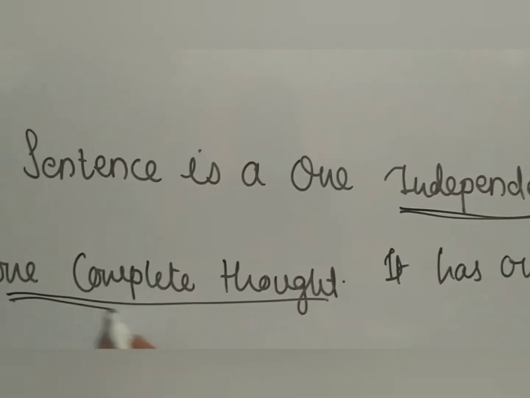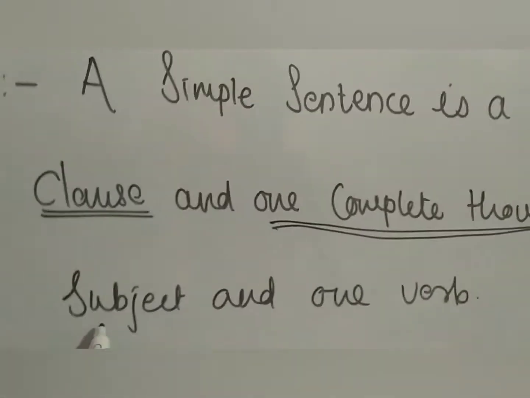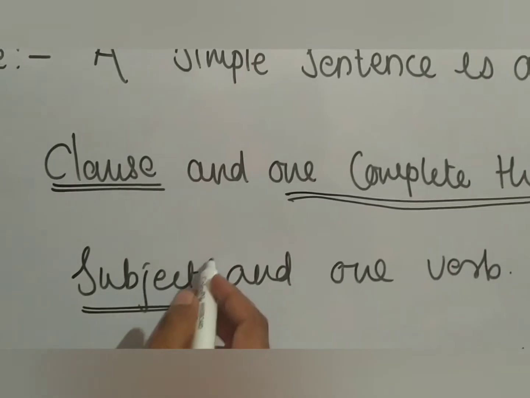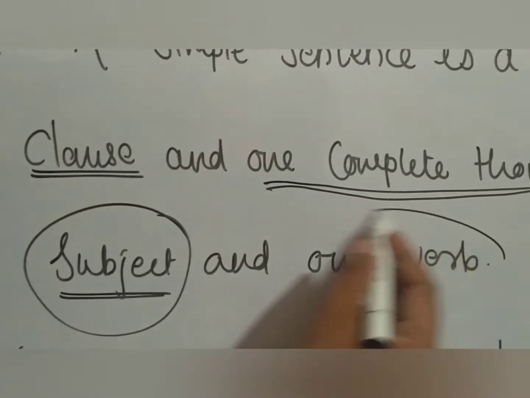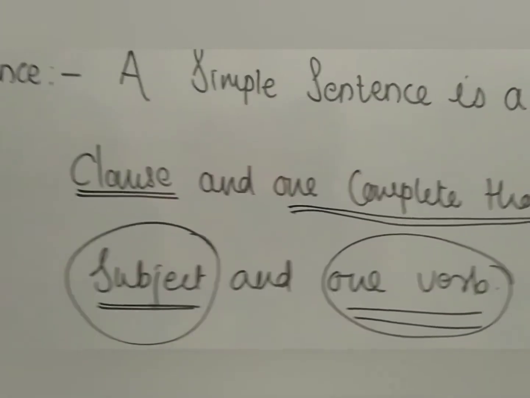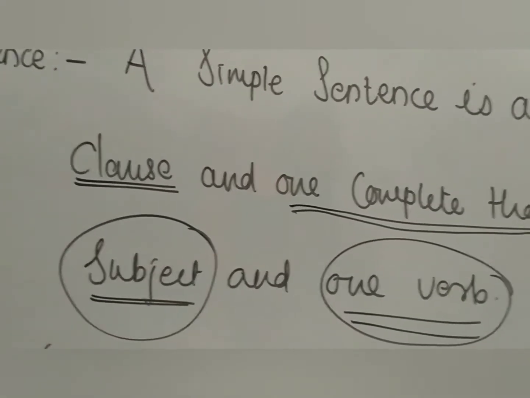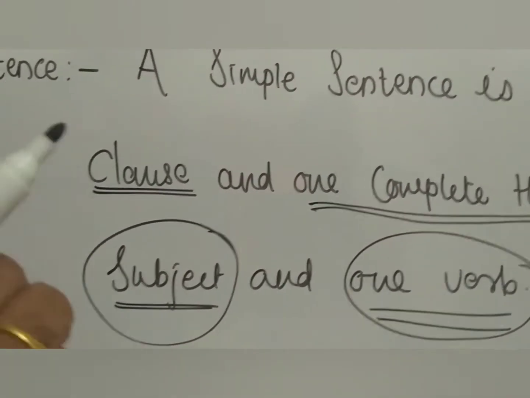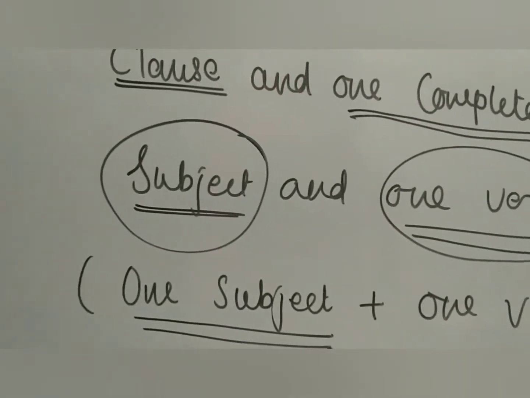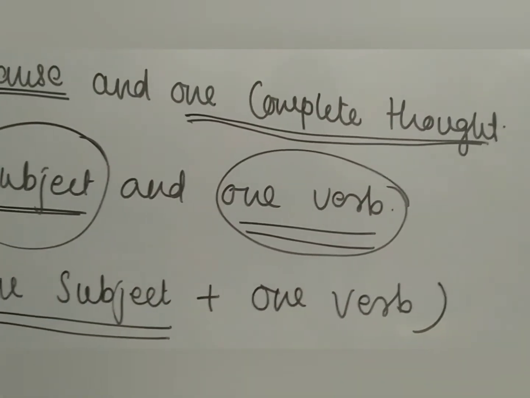It has one subject and one verb. Friends, in a sentence, if you see one subject and one verb, you can easily say that it is a simple sentence. Now see, I have written this for you. Keep this structure in your minds. That's why it is very easy to identify.